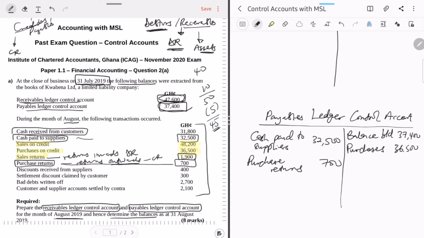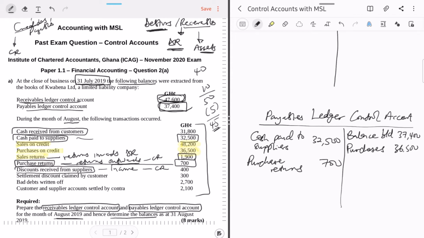The next I have is what? Discounts received from suppliers. Now, discount received is an income item. If you buy something and you're supposed to pay $50 and they charged you $40 instead, that $10 you saved is income because it's money you have got to keep. Since it's an income, and we know all income items are credits, just like sales, revenue, all of them are credits. If you have discount received is credit.